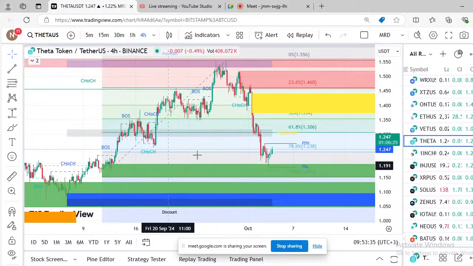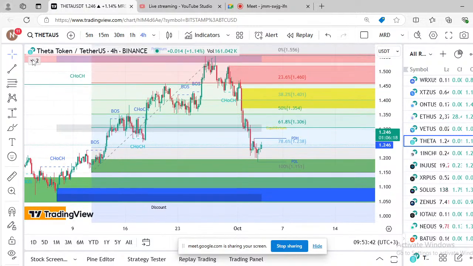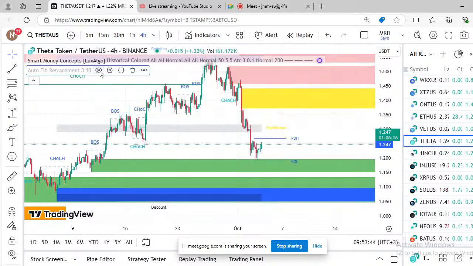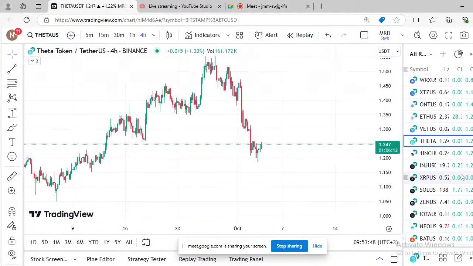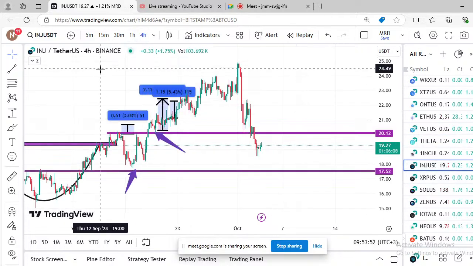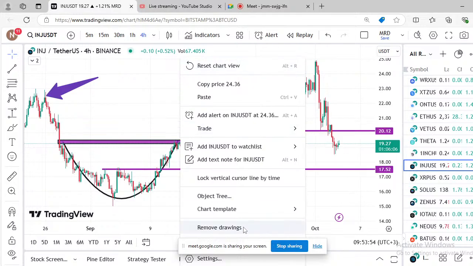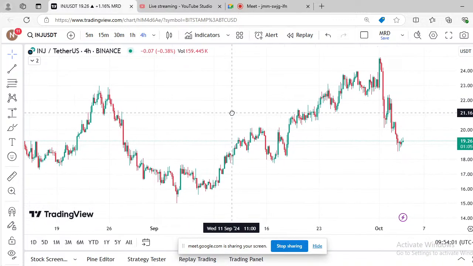Now we can look at this chart. Let me rub everything here, hide everything, and get into this coin. The drawing is removed. Coach, the screen is not showing.